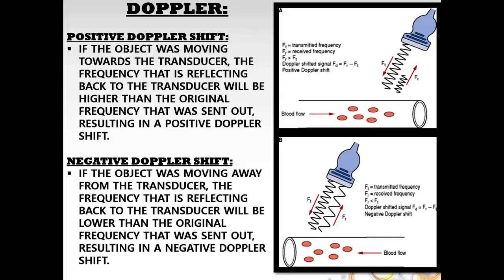A negative Doppler shift is exactly the opposite. This signals to us that the object is moving away from the transducer. So this is where the received frequency, or the frequency that's coming back to the transducer, is lower than the original frequency that was transmitted out. This gives us a negative Doppler shift number.